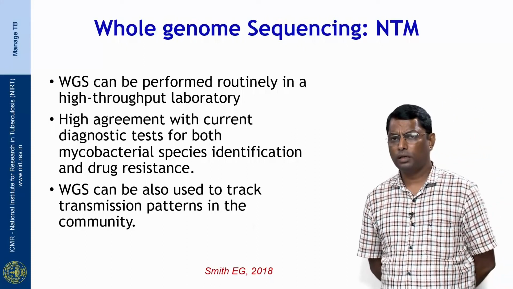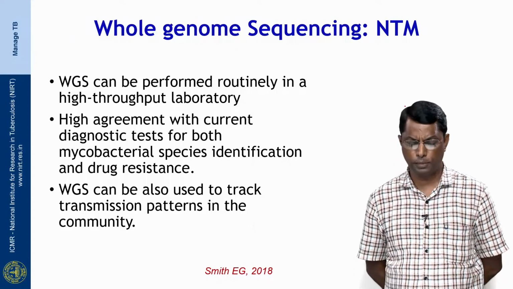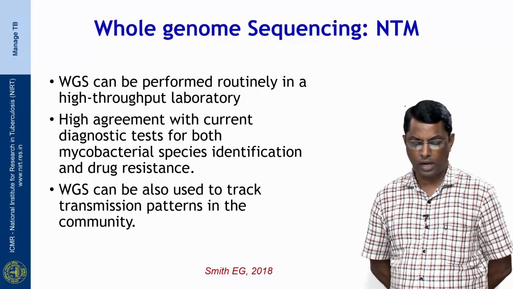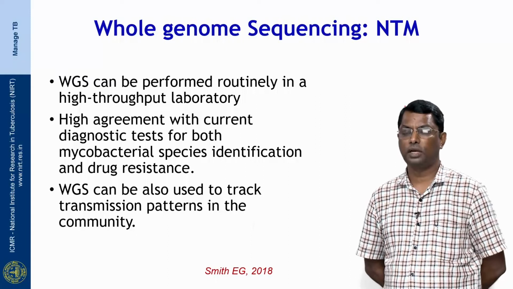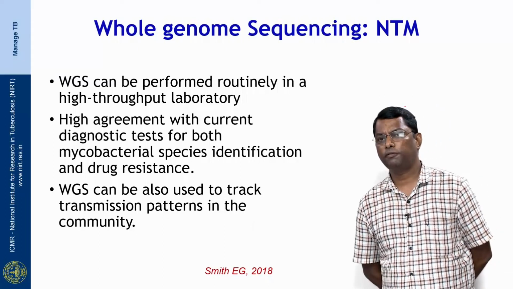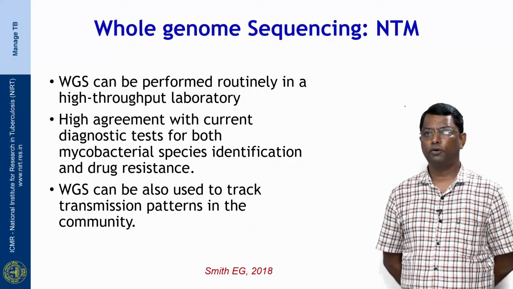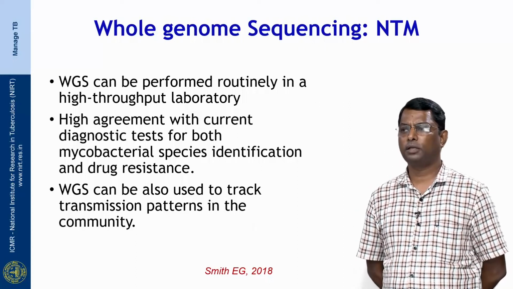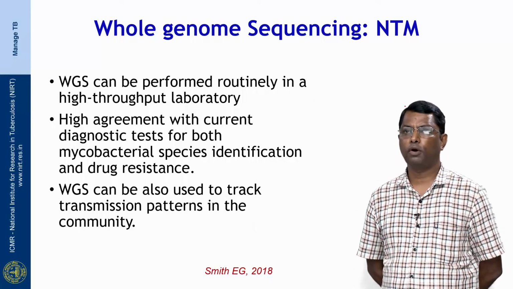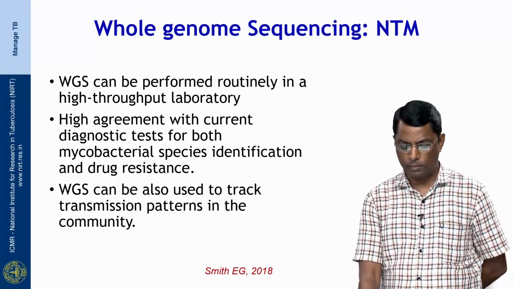Apart from identification and drug resistance prediction, it can also be used to track transmission patterns in the community, thus helping in finding out outbreaks of non-tuberculous mycobacterium in a hospital setup or in any community setup.